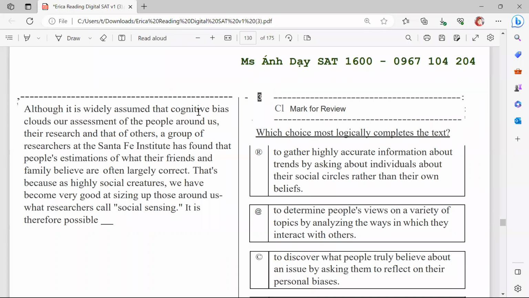Assume that cognitive bias clouds our assessment of the people around us. May I ask you, is bias something bad or good? It's very good. Okay, when I say this is bias, don't be biased.